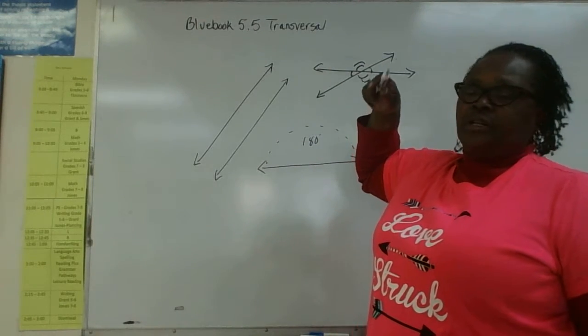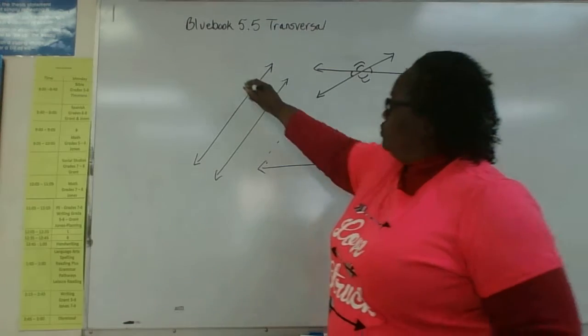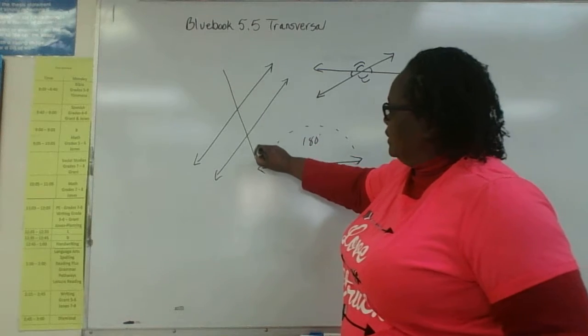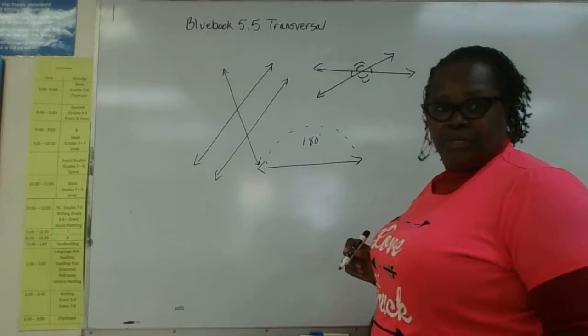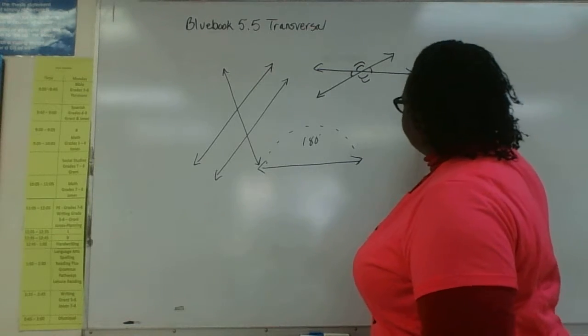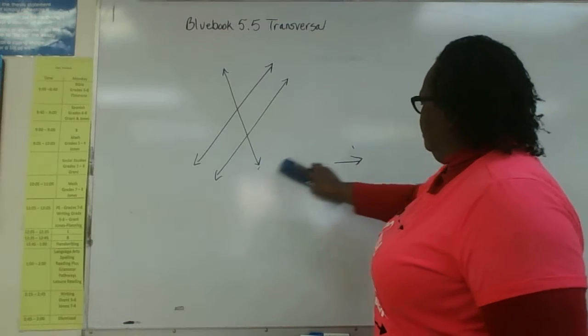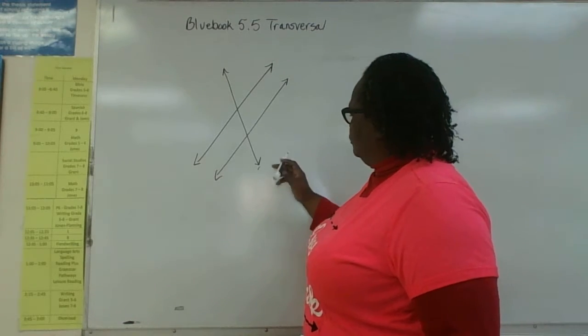transversal. A transversal line is a line that intersects two parallel lines at exactly the same angle. So when we have a transversal, which is this line here, this is our transversal line.